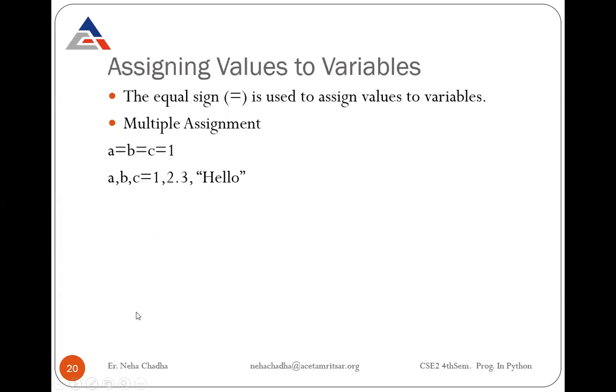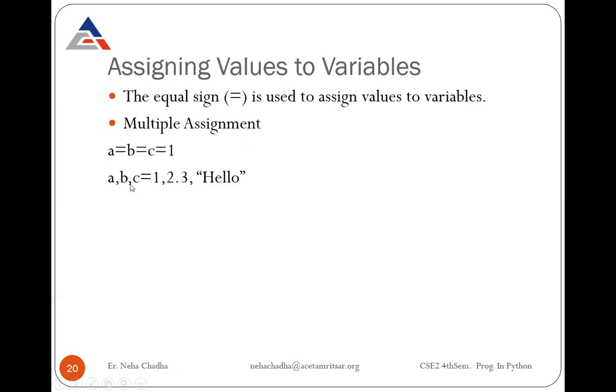This is assigning value to the variable. The equal sign is used to assign value to the variable. Multiple assignment is also possible in Python. Suppose you write A equal to B equal to C equal to 1. That means the value of A is 1, value of B is 1, value of C is 1 as well.